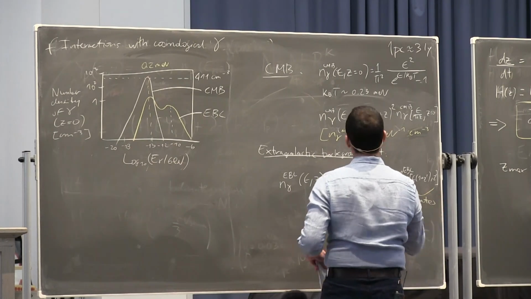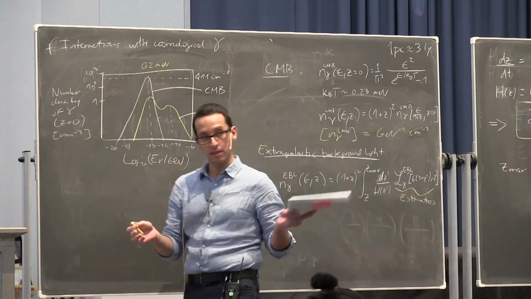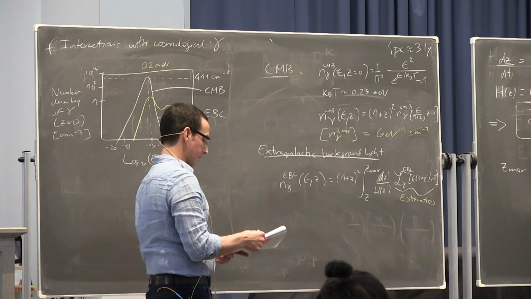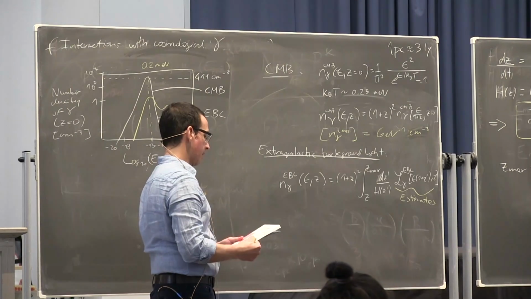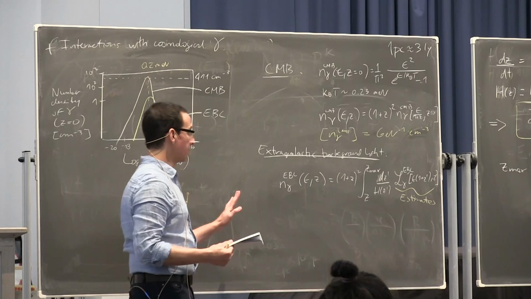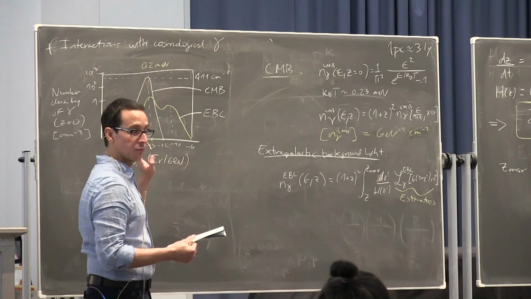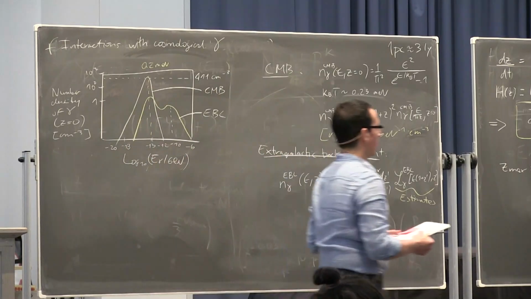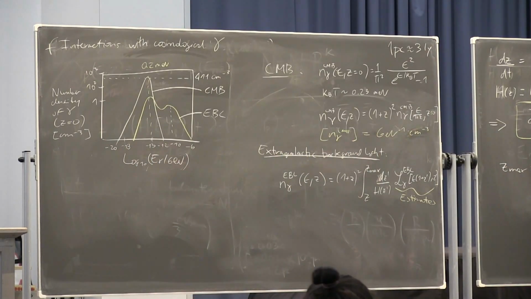And that's what I have done in the numerical results that I will show you in a little bit. Okay, so now we have two sources of photons, and those will be the ones that the protons will be interacting with. Let's talk about pair production first, and then we'll talk about inelastic proton-photon interactions second.